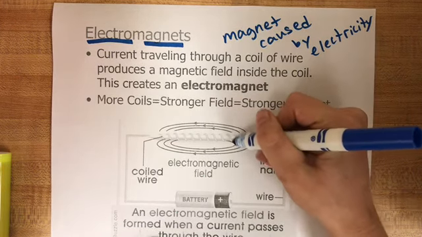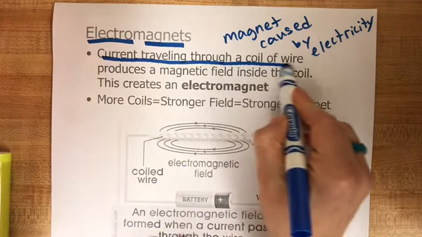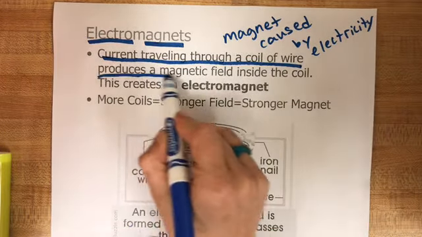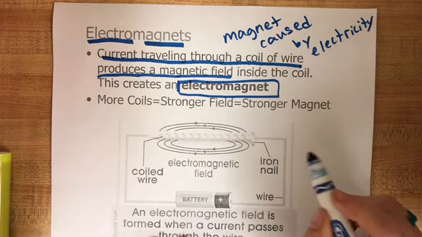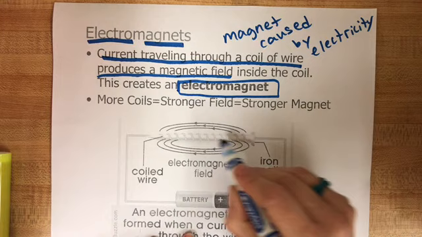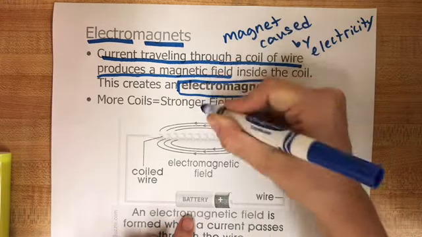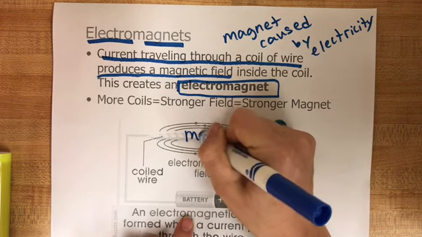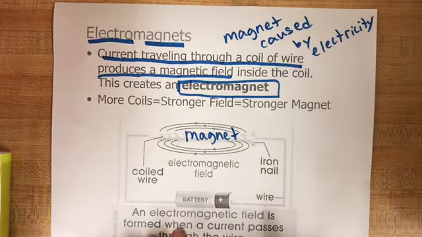And you see these coils here? What's happening is the current travels through the coil and it produces a magnetic field. This is what's called an electromagnet. So what would happen is when you take this and you complete the circuit, this nail will become a magnet caused by the electricity going through it.